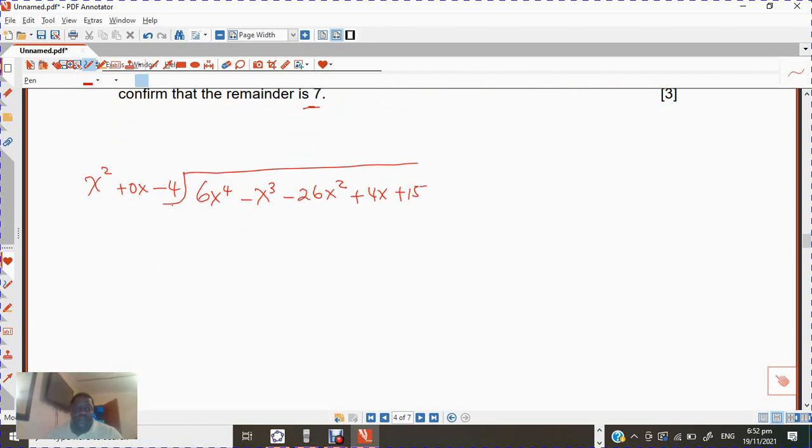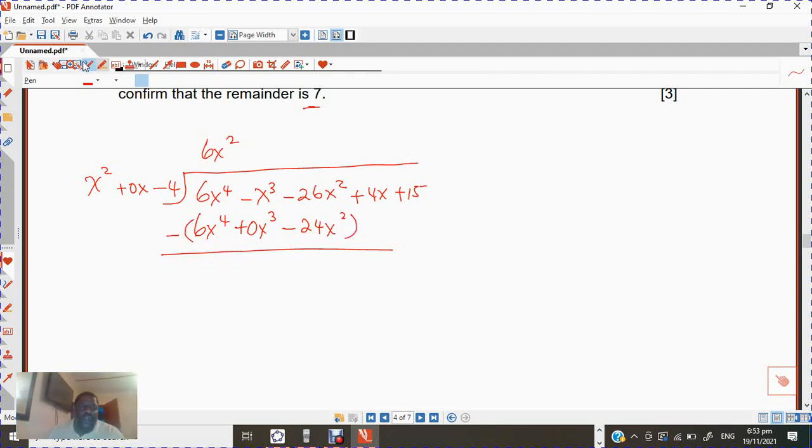Right, so x squared into 6x to the 4, that's going to give you 6x squared. Then you go back and multiply: 6x squared times x squared gives you 6x to the power 4. 6x squared times 0x is just going to be 0x cubed. And 6x squared times negative 4 is negative 24x squared. Now you can go ahead and subtract.